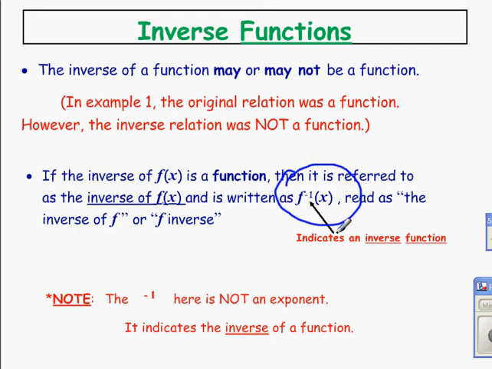We read this as f inverse, or the inverse of f. It's like when we write sine inverse, cos inverse, tan inverse. That doesn't mean it has an exponent of negative 1. That's just how we write inverse in math. So when I write f to the negative 1, it's actually the inverse of the original function.